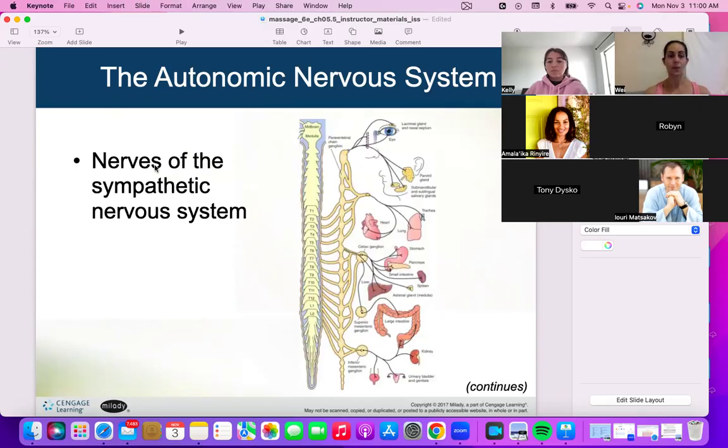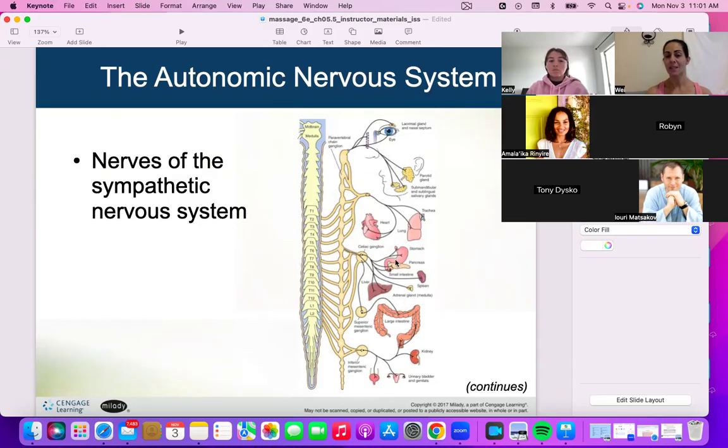So nerves of the sympathetic nervous system control secretions or are connected to our eyes, our glands, our heart, our lungs, our internal organs like the pancreas, the spleen, the liver.